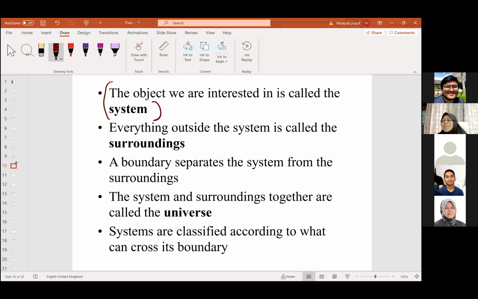It's easier to understand because we do work and we generate heat. The energy change of the system, of us, some of the energy is converted into Q, some into W. So we are called the system. Remember that, easier for you to understand. You yourself are called a system.